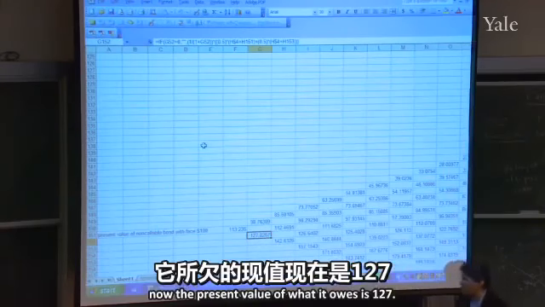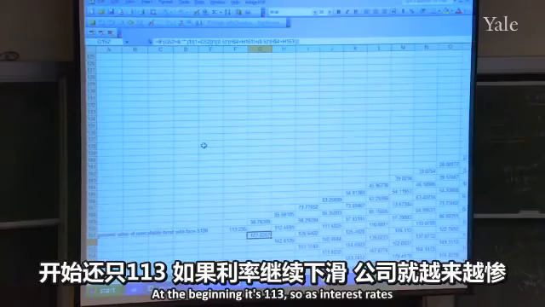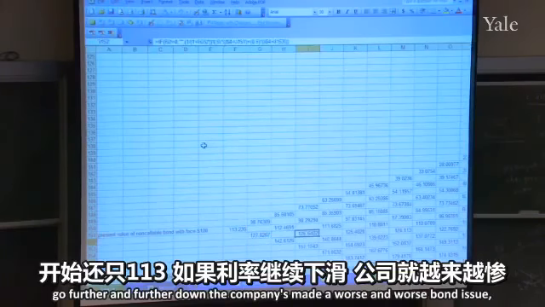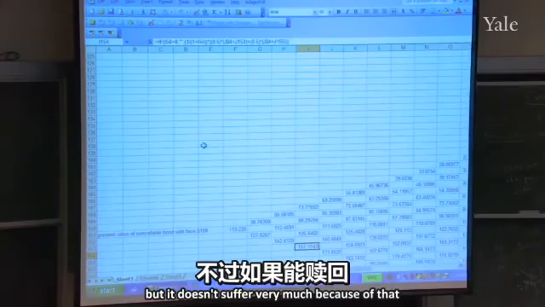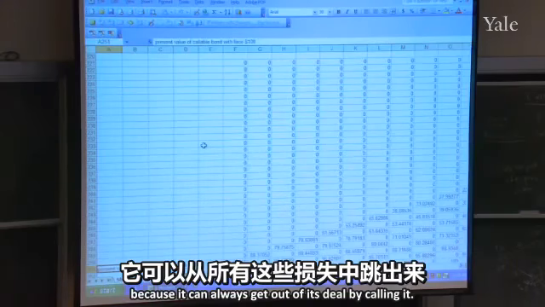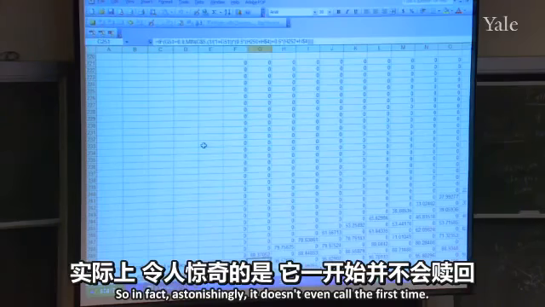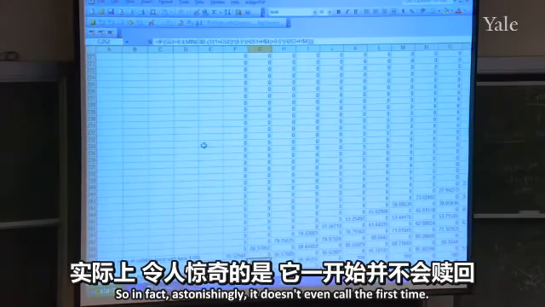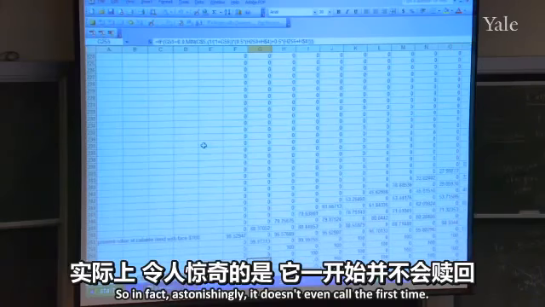Now the present value of what it owes is 127, and at the beginning it's 113. So as interest rates go further and further down, the company's made a worse and worse bond issue. But it doesn't suffer very much because of that, because it can always get out of its deal by calling it. So in fact, astonishingly, it doesn't even call the first time.